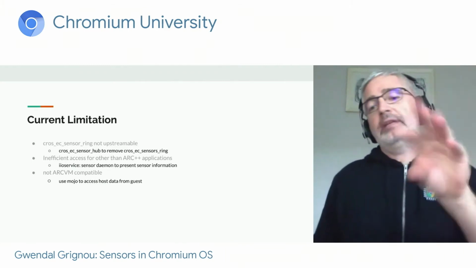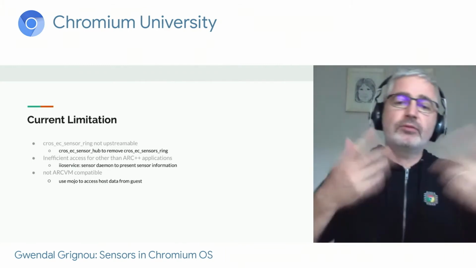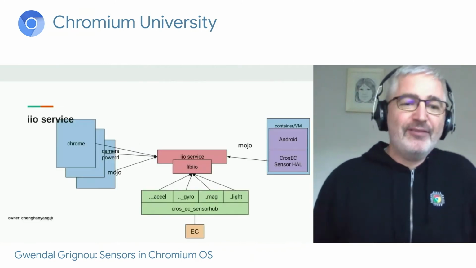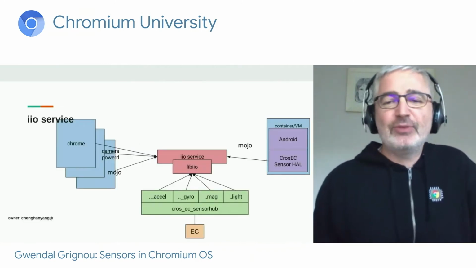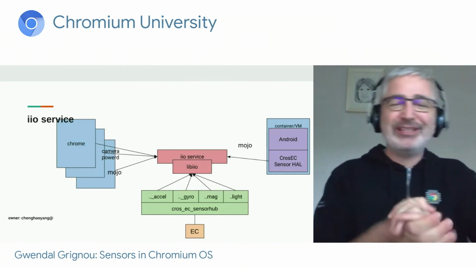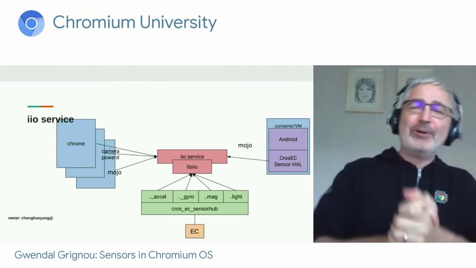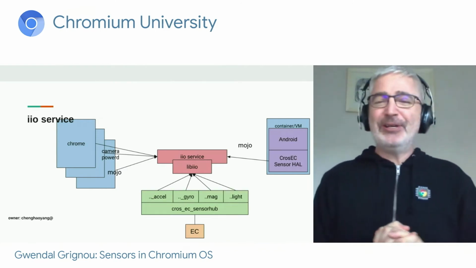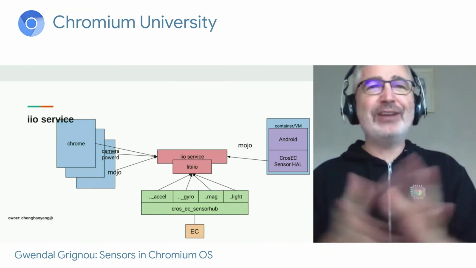They have to poke and gather the data from the sensor; the data is not flowing to the application. So what Hervé is working very hard on is introducing a service. I don't know if you saw so many presentations these days, but Chrome is all about servicification, and the IIO service is one of those services.